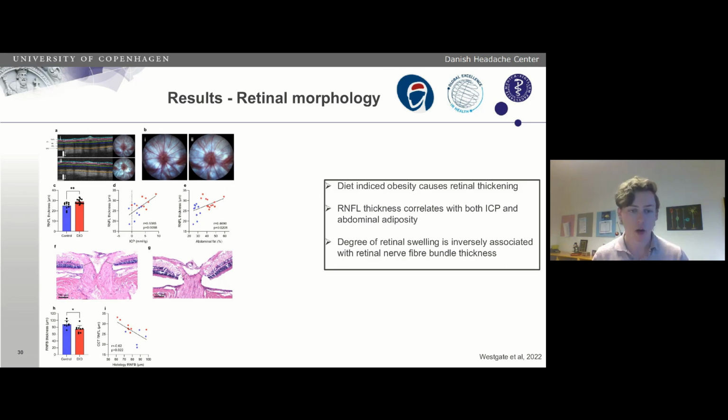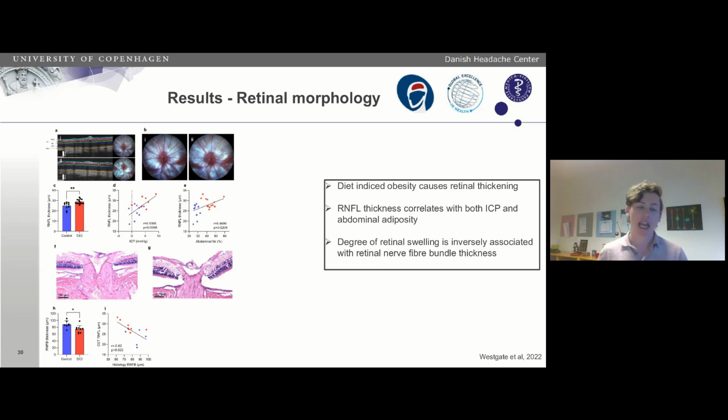Moreover, this retinal nerve fiber layer thickness correlates with both intracranial pressure and the abdominal obesity in the rats. At the end of the study, we took the eyes and performed histology.